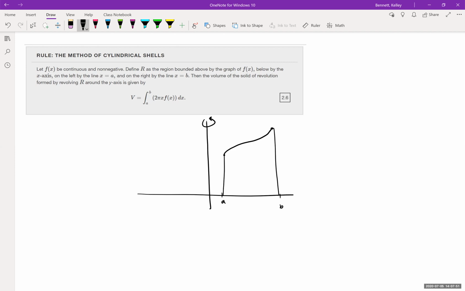Basically, we're just going to reflect it about the y-axis, and you create your solid of revolution this way.